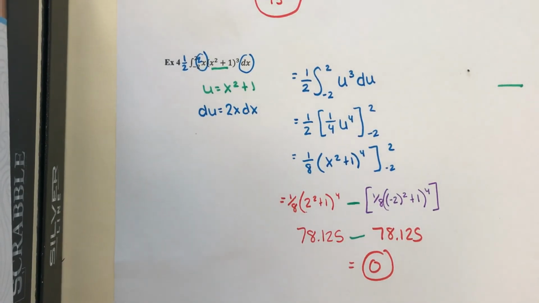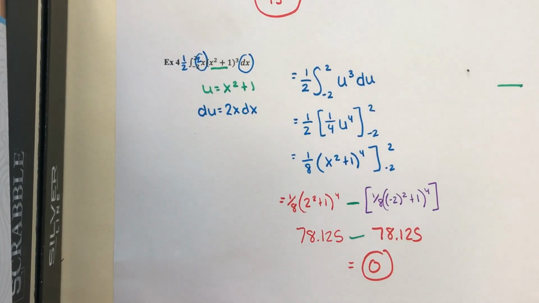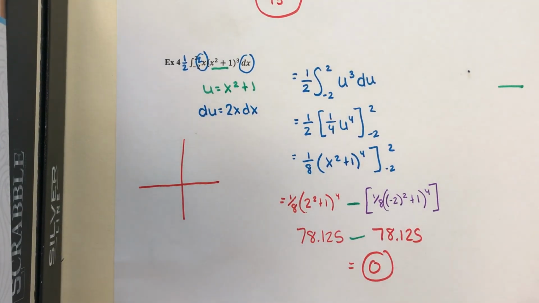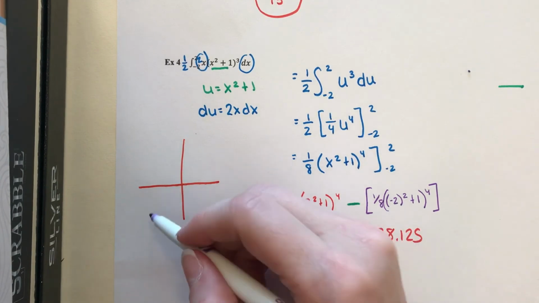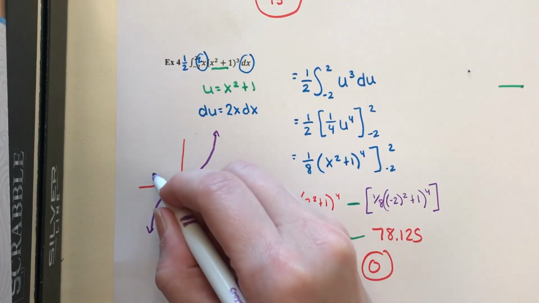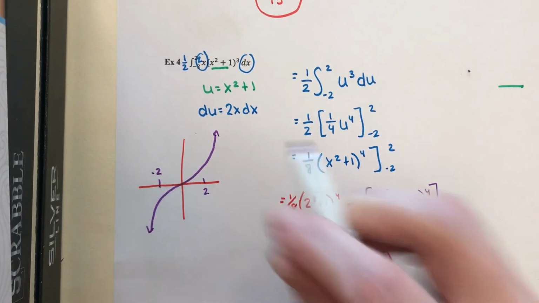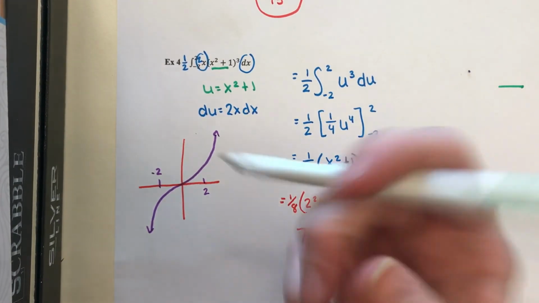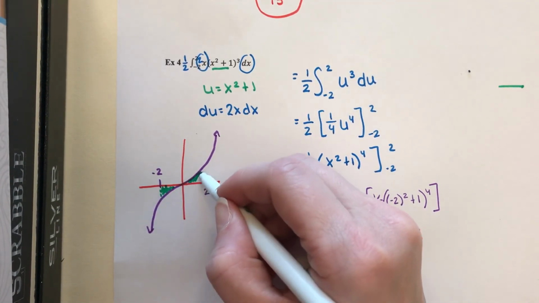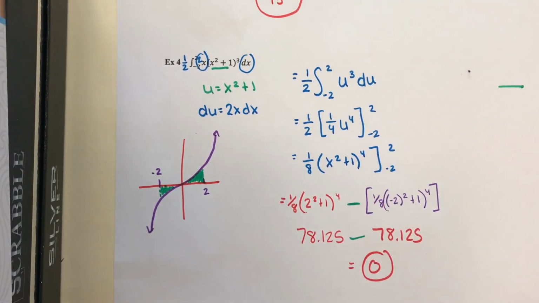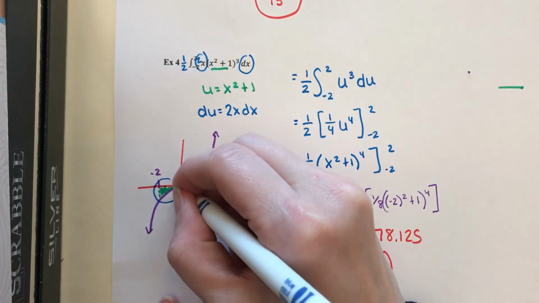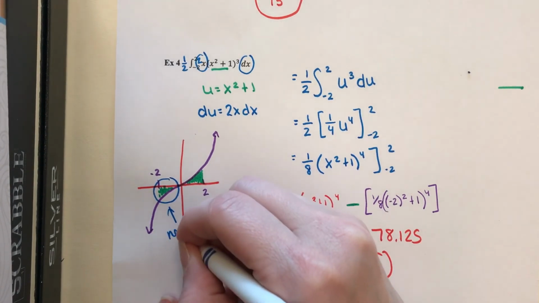Now, why this works, if you were to graph this function, the original, the x times x squared plus 1 to the 3rd power, it's a cube function, looks like this, and we would be going from -2 to 2. So if we look at the shaded region here, right here, we have a negative area.